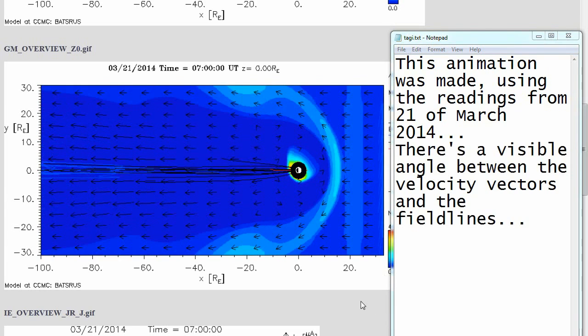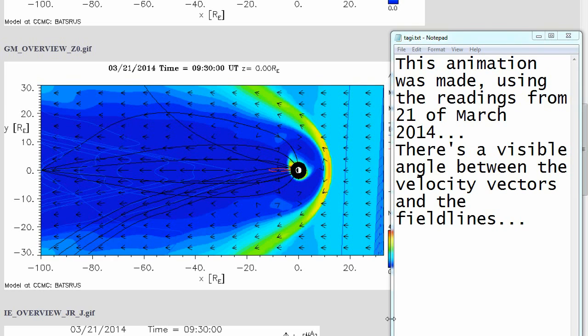There is a visible angle between the velocity vectors and the field lines.